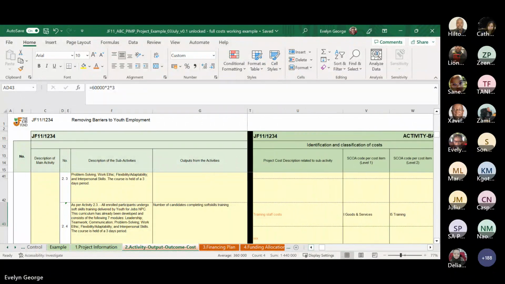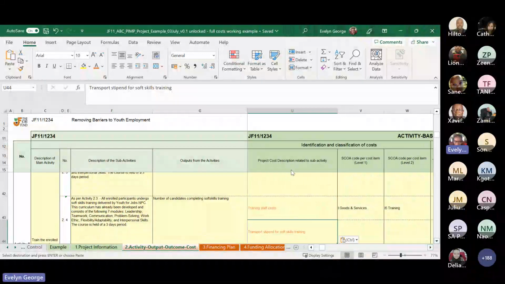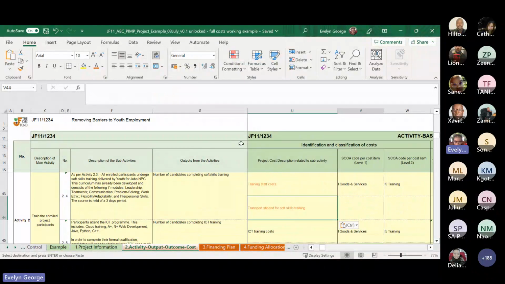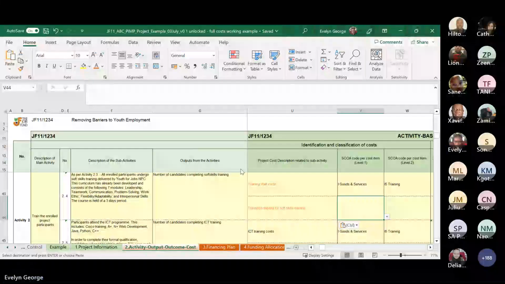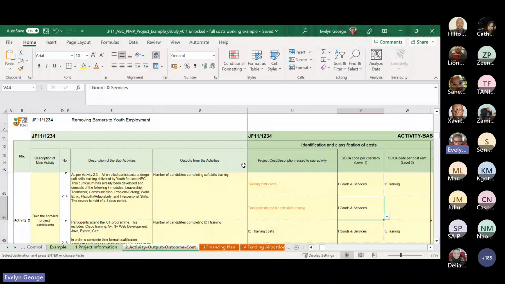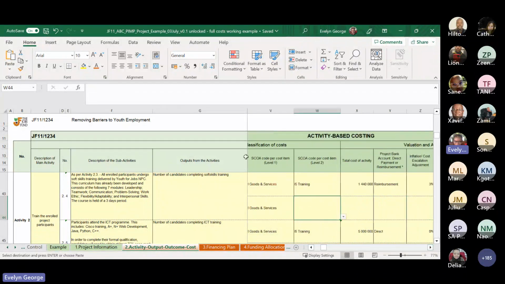Then we also, again, back to the stipend story, and these are just specific costs I'm highlighting, we are saying that there is a stipend available to the candidates, and they will classify again as transport, goods and services. And I think there we said it's 150,000.